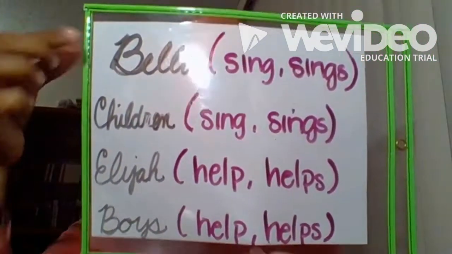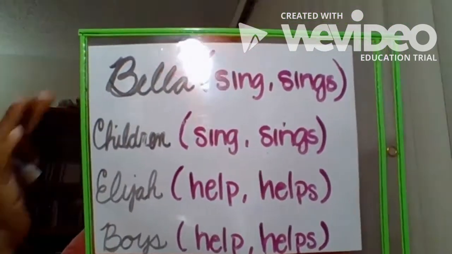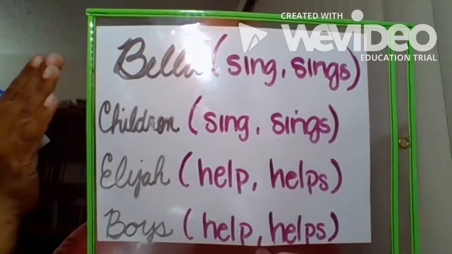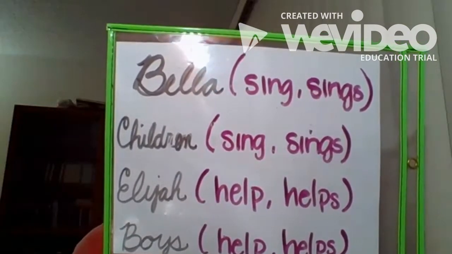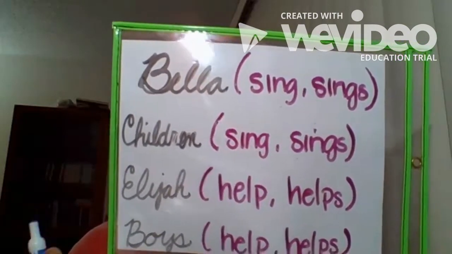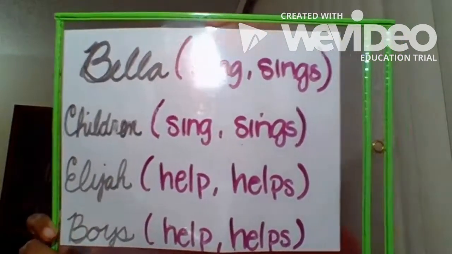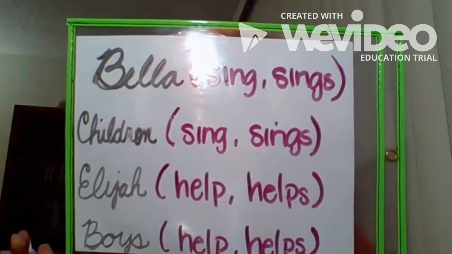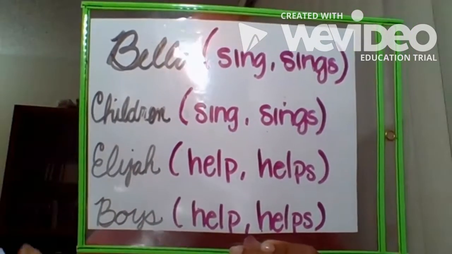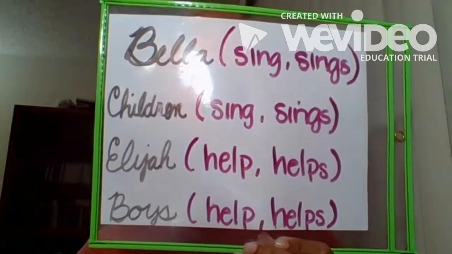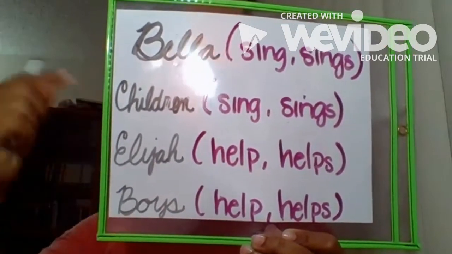For example, I have Bella here. Bella, is Bella singular or is Bella plural? If you said singular, you are correct. So if the subject is singular, we need to add an S or ES to the end of our present tense verb.